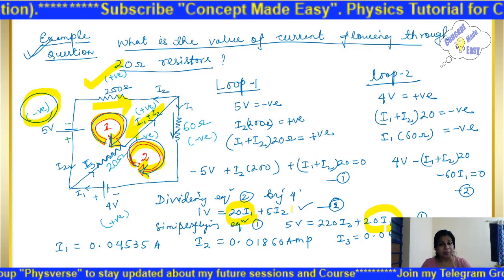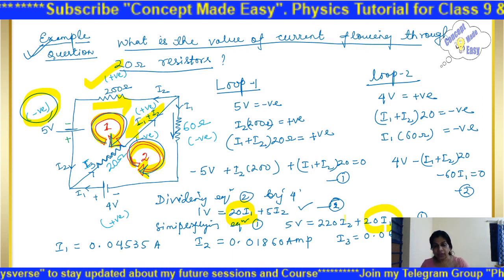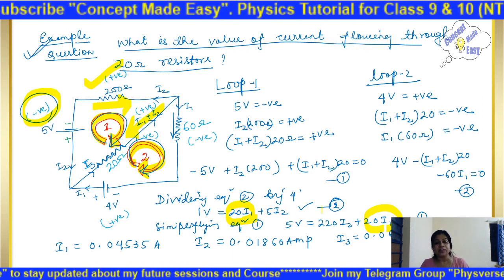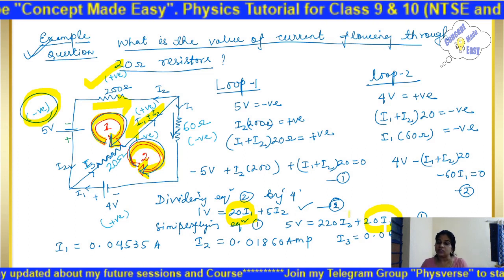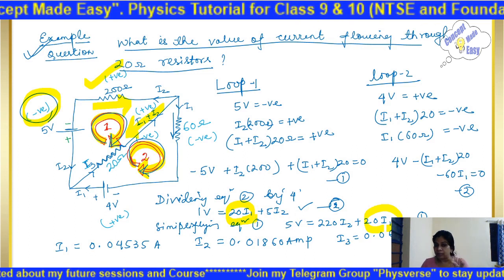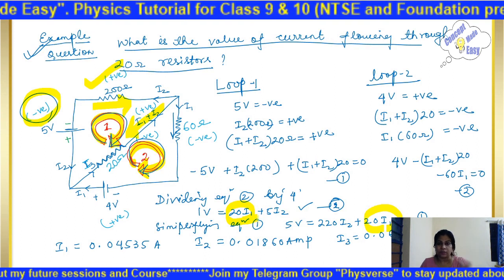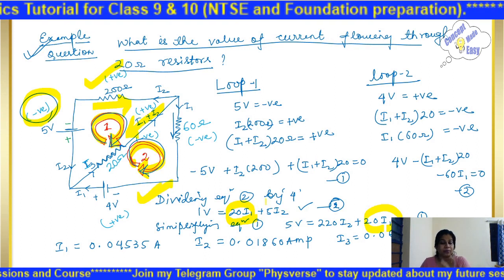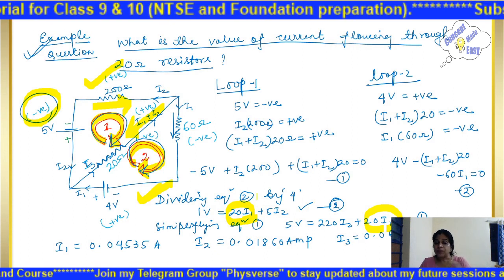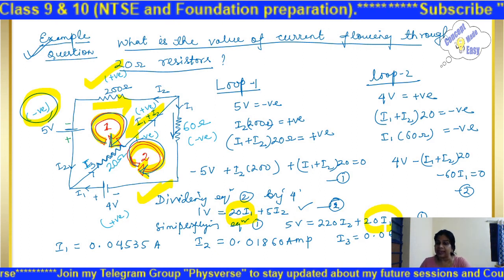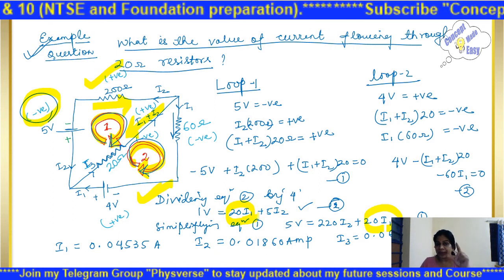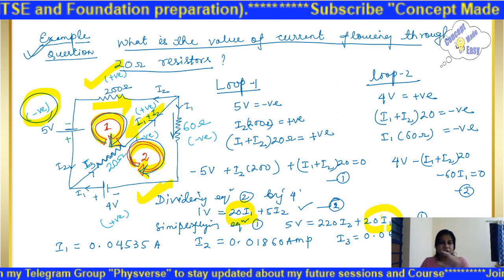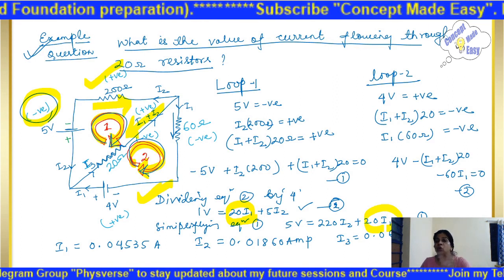I am repeating the steps. Here you can notice that this is equation 1, this is equation 2. What is common here? To get a common term in I1 and I2, I did this simple manipulation, dividing equation 2 by 4. After dividing by 4, I get the term 20 I1 here, and in equation 1 also the 20 I1 term is there. So two common terms are there.